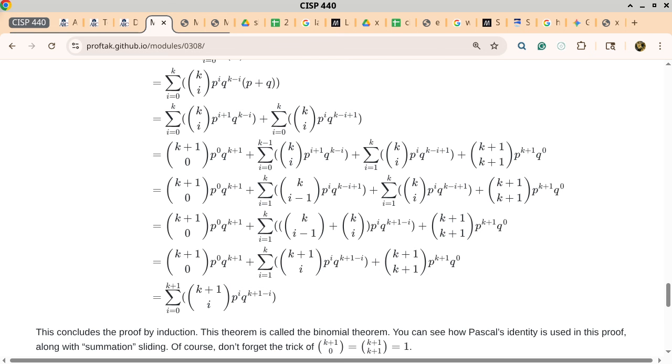That makes it possible to combine the two sigmas into one single sigma, and then we just say that these terms go here, these terms go here. But we also have one more thing in common between these two. If you look at the powers of P and Q with respect to I, they are identical.